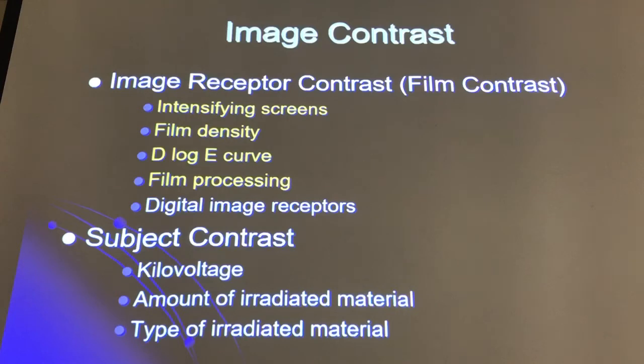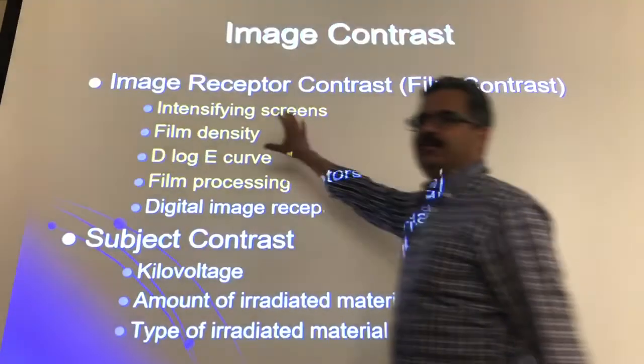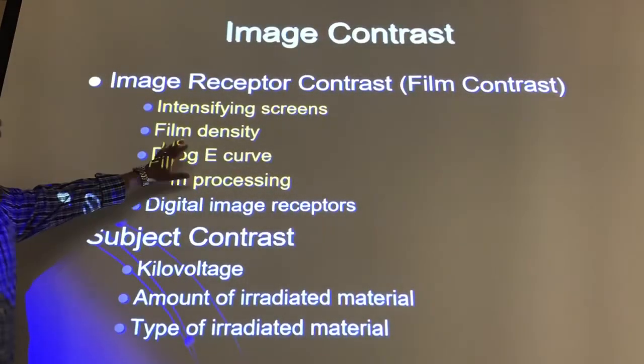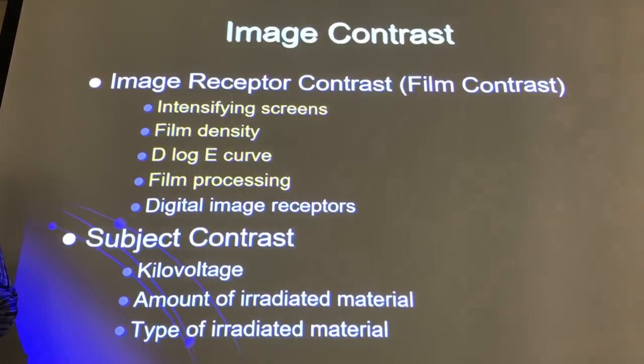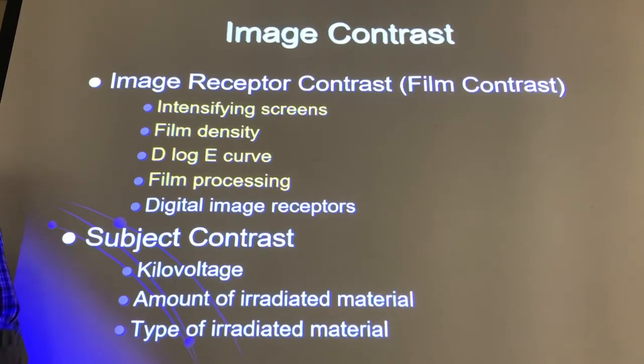All right. So image contrast, image receptor contrast. I have it in yellow here because this refers specifically to film. And so, once again, you're not going to be tested on film. Characteristics of film, you're still responsible for.